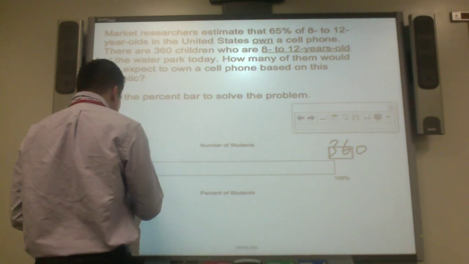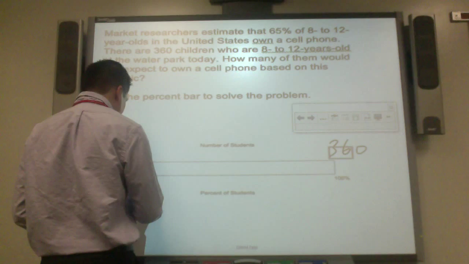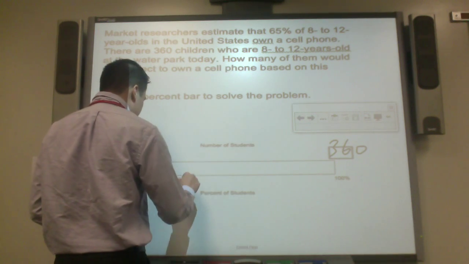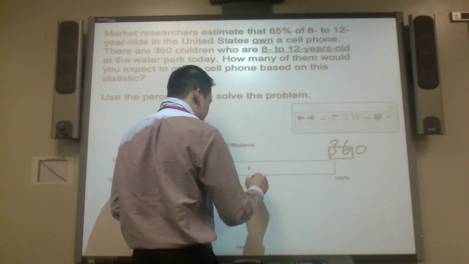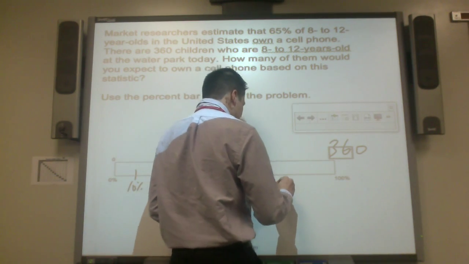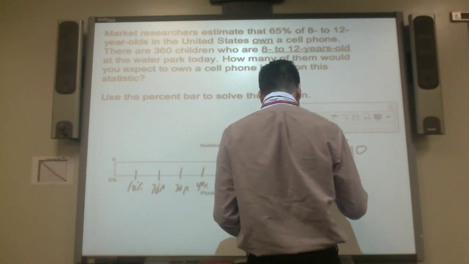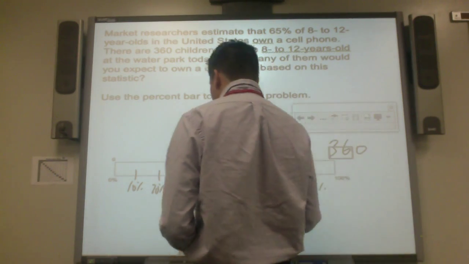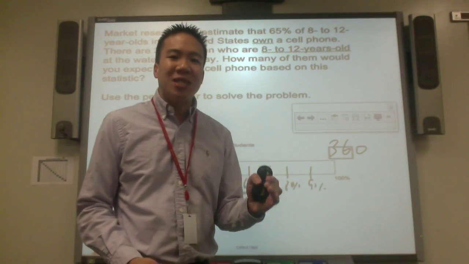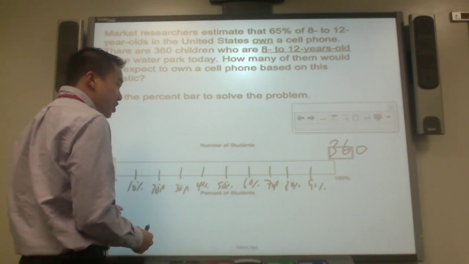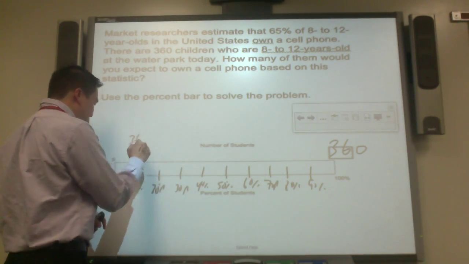So we're going to break this into 10%. 10%, 20%, 30%, 40%, 50%, 60%, 70%, 80%, 90%, 100%. So if I have 360 kids and I break it into 10 parts, 360 divided by 10 is 36 kids.